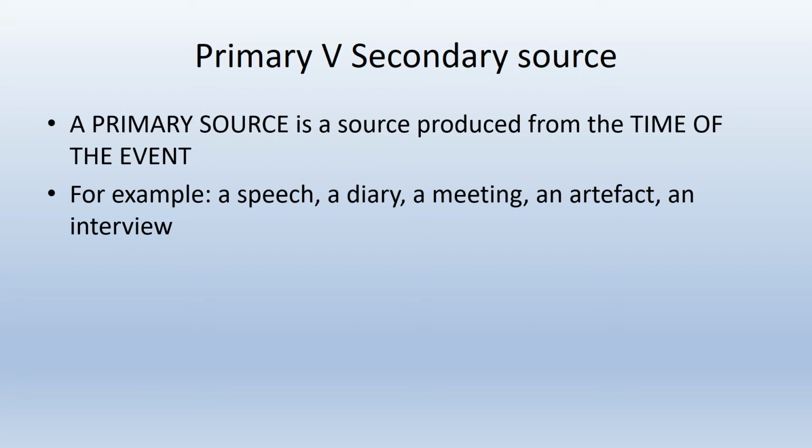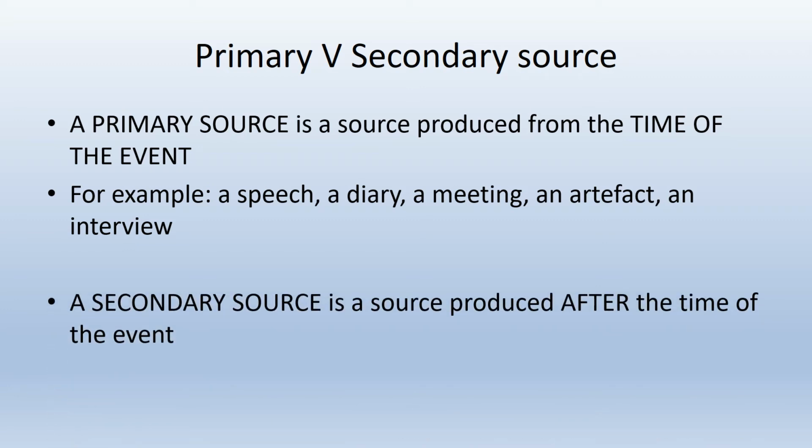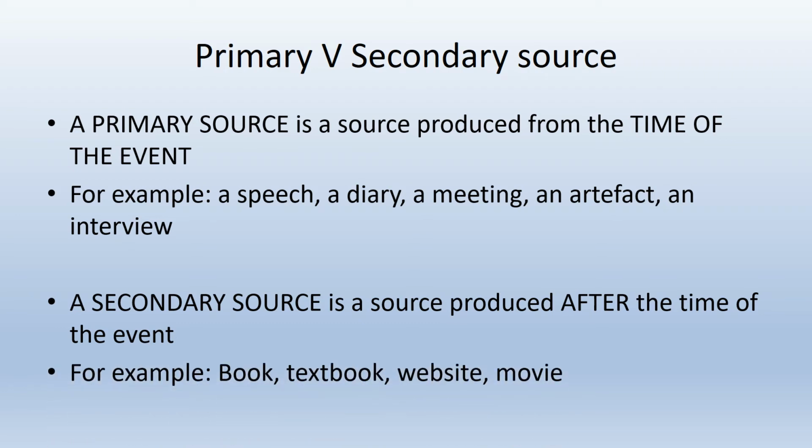So a plate from the Titanic would be an artefact and would be a primary source. A diary entry from someone on board the Titanic would be a primary source. A secondary source is a source that's produced a long time after the event. Secondary sources can include books, textbooks, websites, and even movies are all examples of secondary sources written a long time after the event.